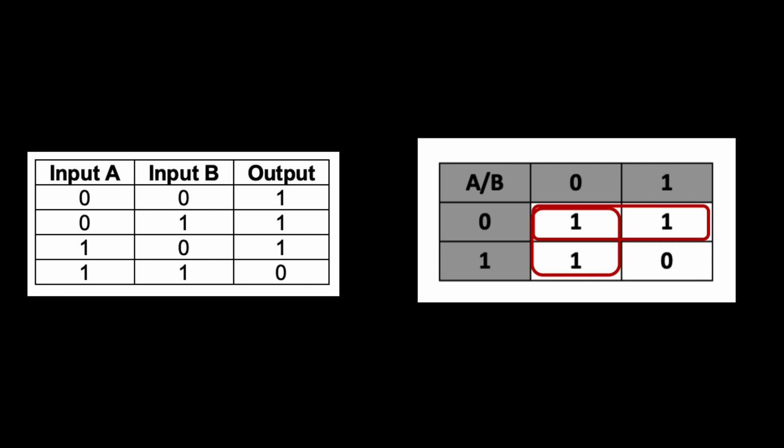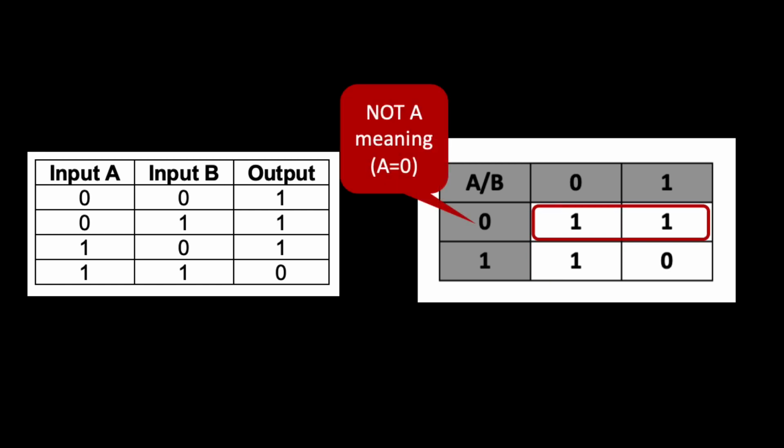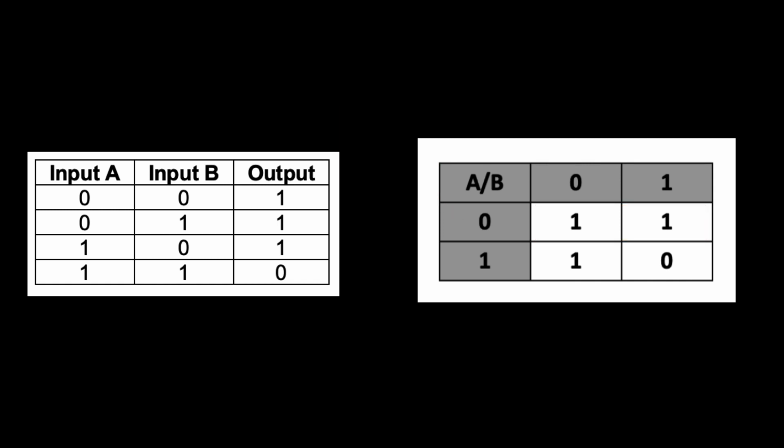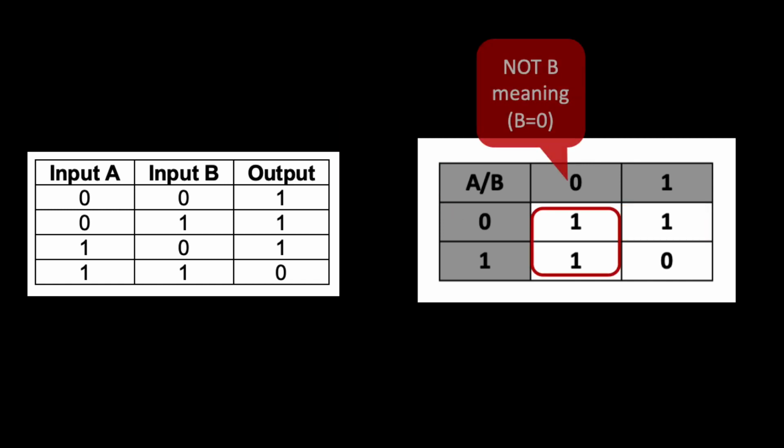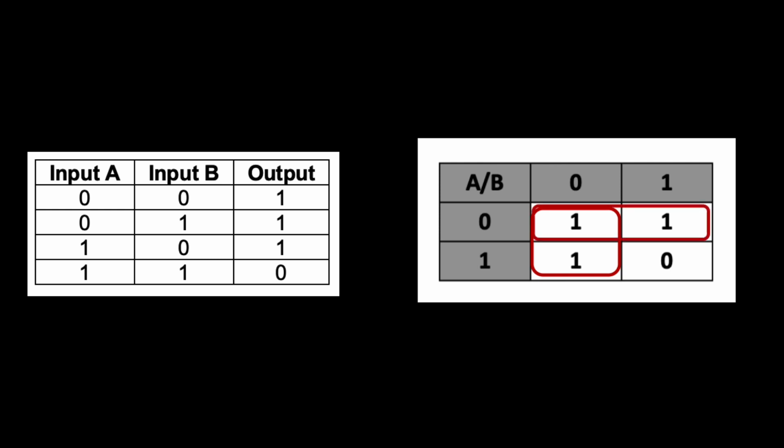In this example, we have two patterns, a horizontal group and a vertical group. We can describe the horizontal group as not A, since A is 0 for all values in the group. Similarly, we can describe the vertical group as not B. To complete the algebraic formula, we OR the two patterns together to form not A or not B.